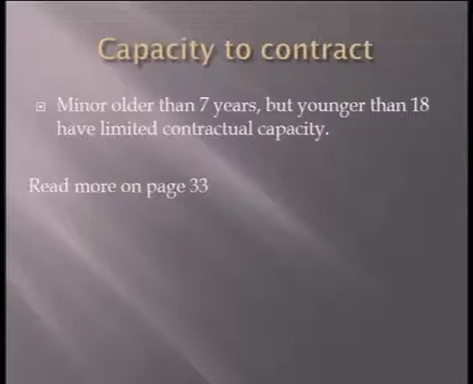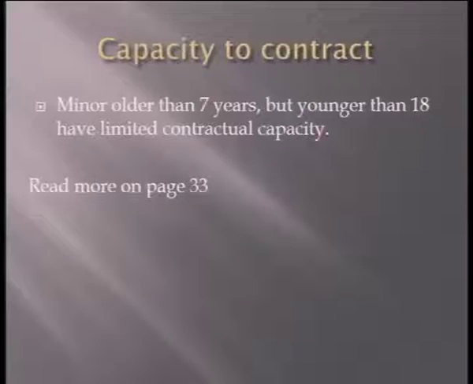Capacity to contract. As we spoke about capacity previously, capacity is something that you can do. Legal capacity: you have a capacity to enter into a contract. The capacity is what you have at that point in time.